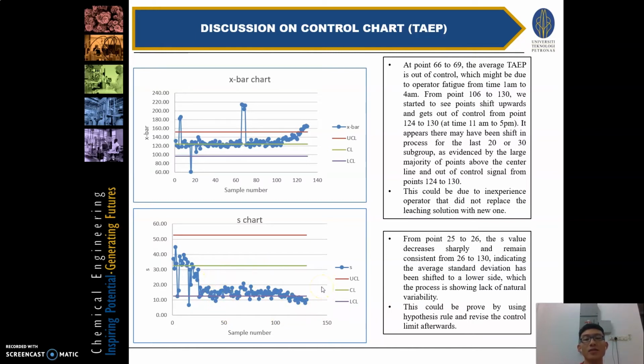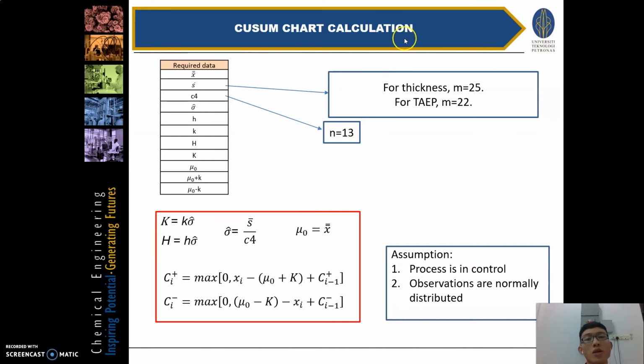So for the Q-sum chart, we'll start off with the calculation part where we obtain all the required data before calculating CI plus and CI minus, and our assumption is that the process is in control and the observations are normally distributed.